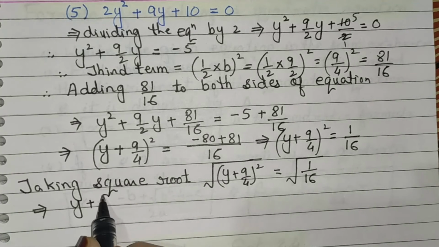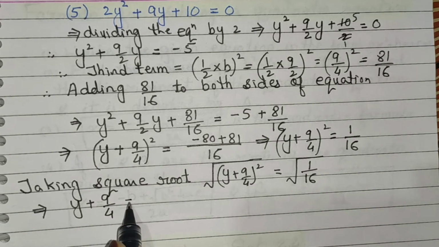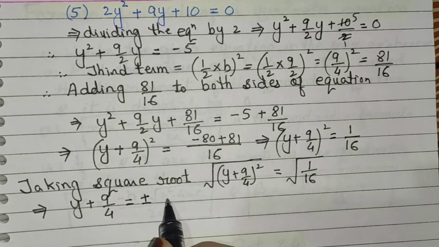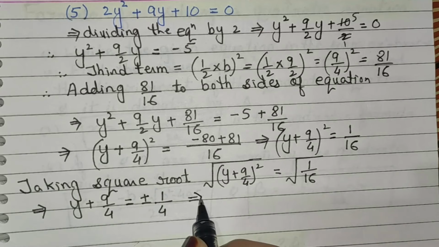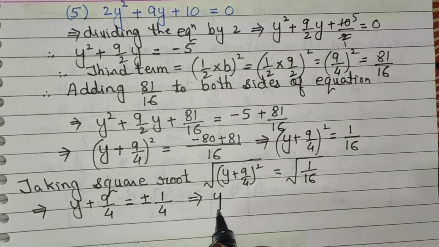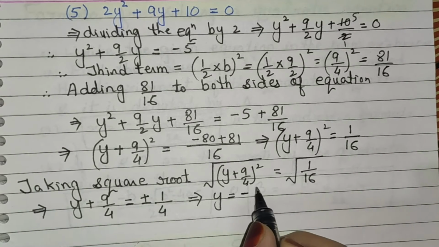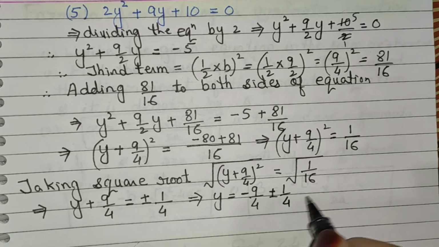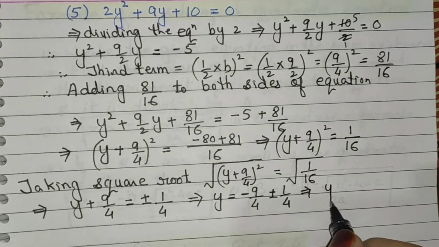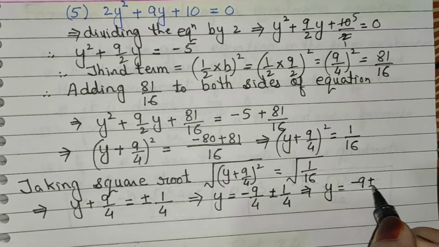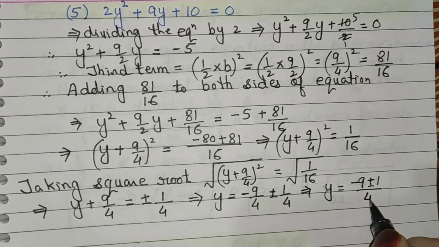We get y plus 9 upon 4 is equal to, now square root of 1 upon 16 means plus minus 1 upon 4. Now shifting plus 9 upon 4 to right hand side, we get y is equal to minus 9 upon 4 plus minus 1 upon 4. It can be written as y is equal to minus 9 plus minus 1 upon 4.